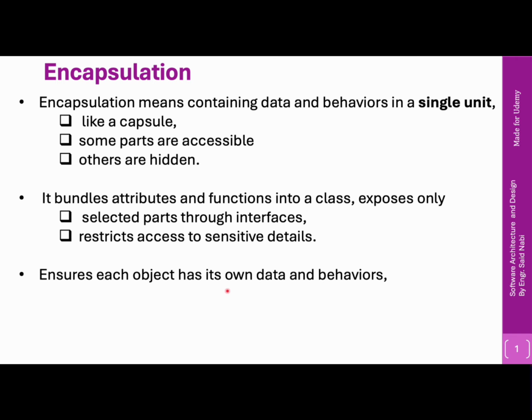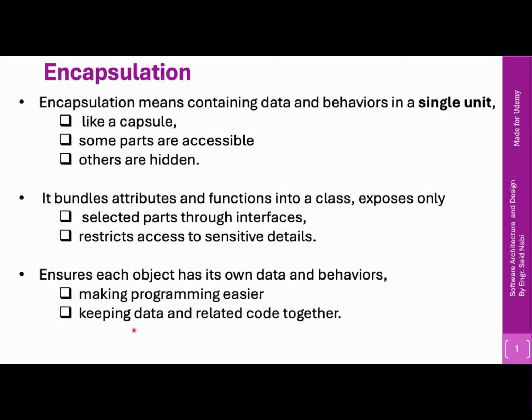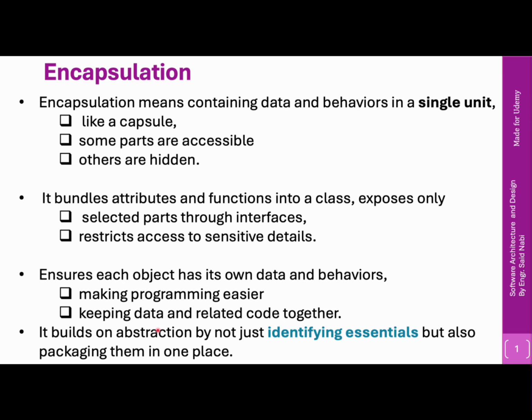It ensures each object has its own data and behaviors, so there is no mixing of the data and behaviors of different objects. If you have identified all the potential objects, each object must have its own behaviors and its own data, making programming easier and keeping data and related code together. So if a change comes in a particular object, all other objects are not affected.